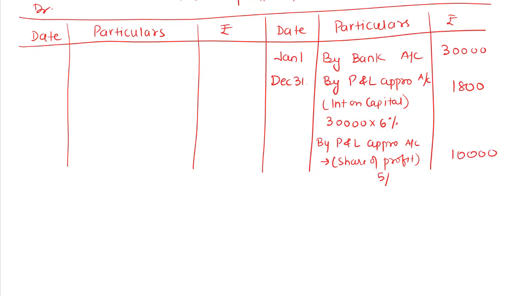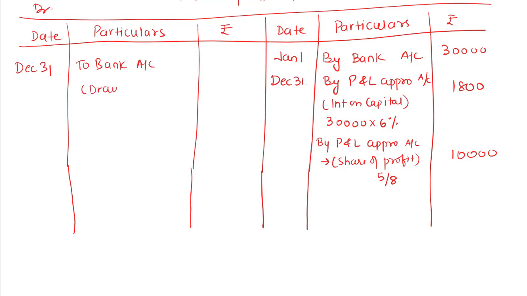Share is 5/8. Drawings made, and we had assumed the drawings are made on the last day. To bank account, drawings 8,000.